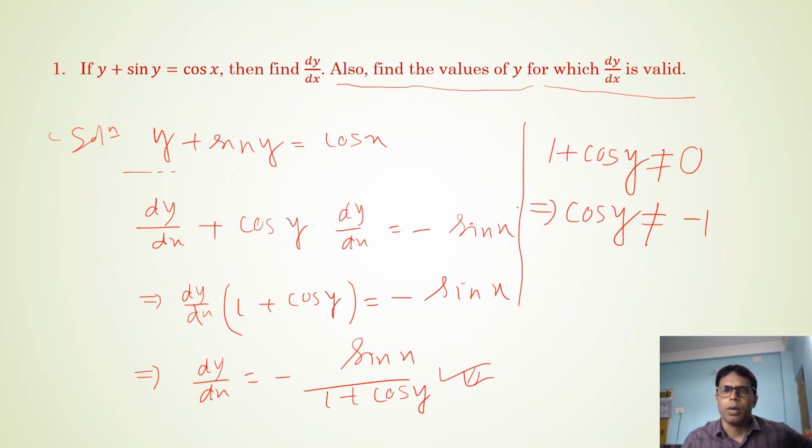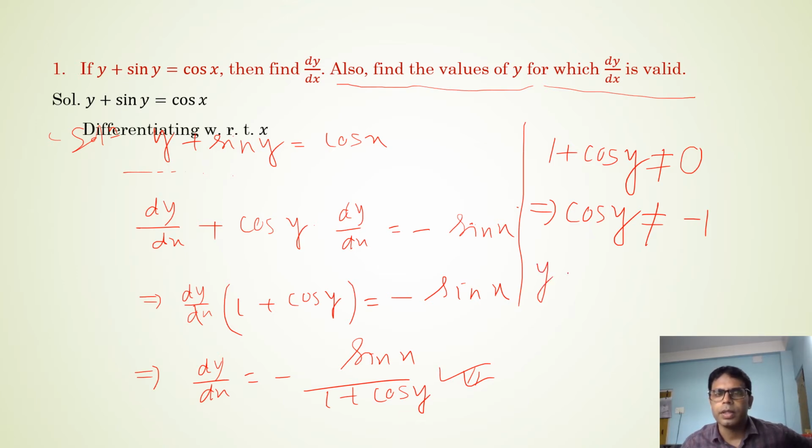Now you see what are the values of y where cos y is equal to minus 1; that was already discussed in the first year classes. If cos y is equal to minus 1, then what are the values of y?